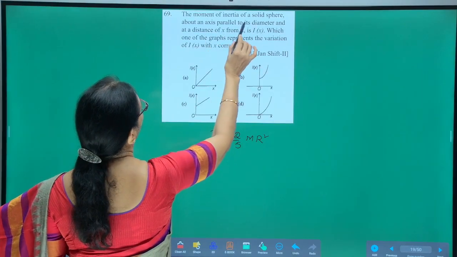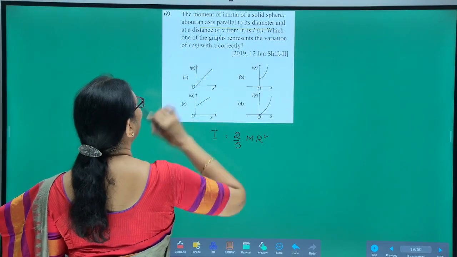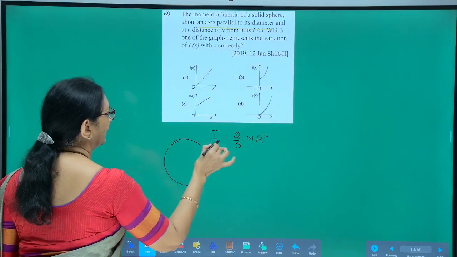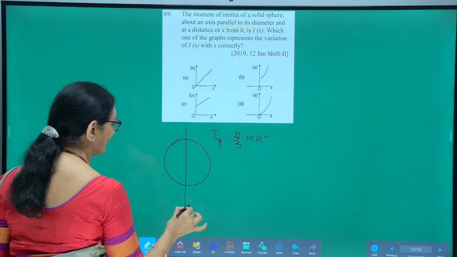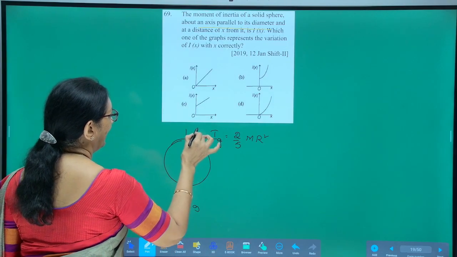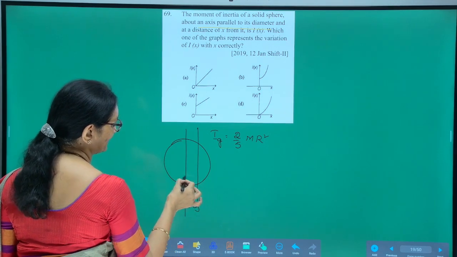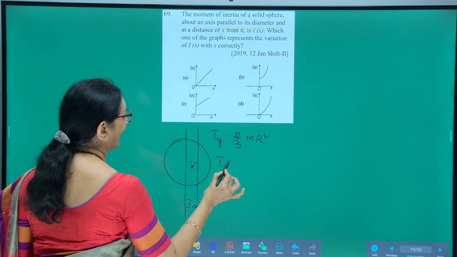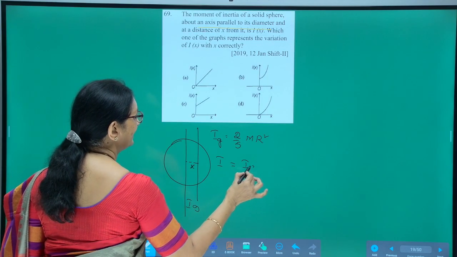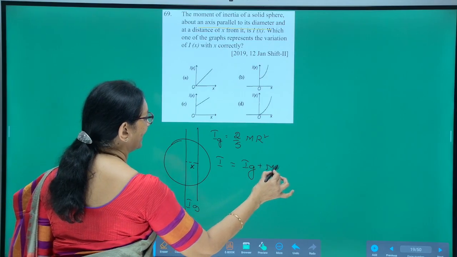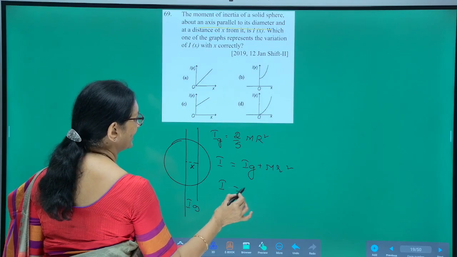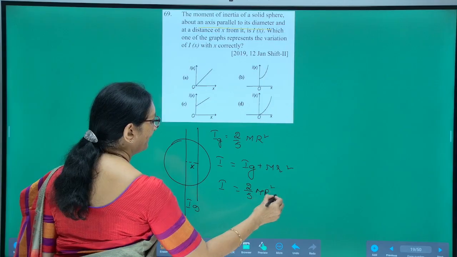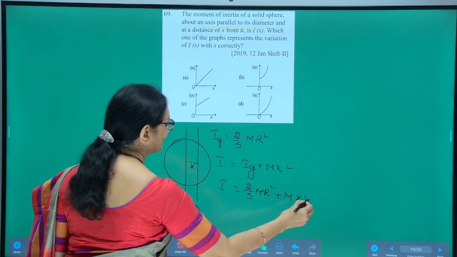See here, about an axis parallel to its diameter at a distance x. Let us consider this as Ig. About any other axis parallel to the diameter at a distance x, from the parallel axis theorem, it is Ig plus m x square. Here it becomes I is equal to 2 by 5 mr square plus m x square.